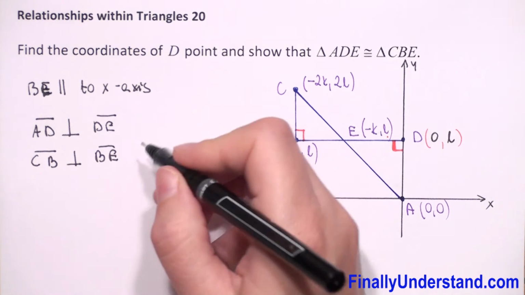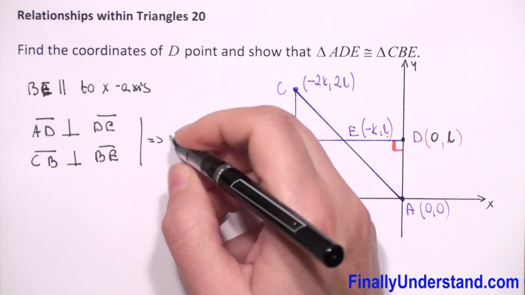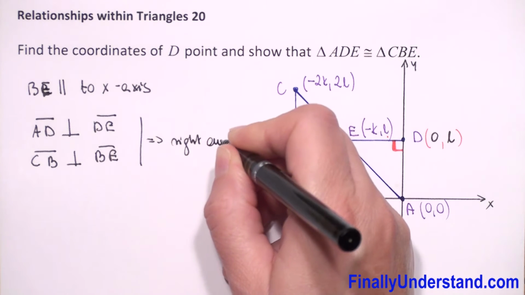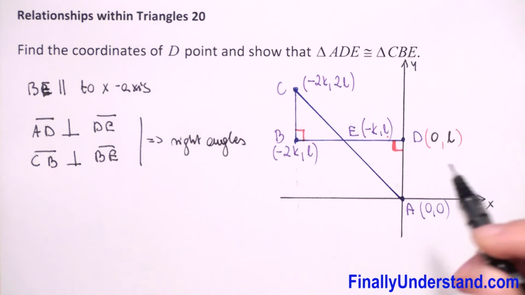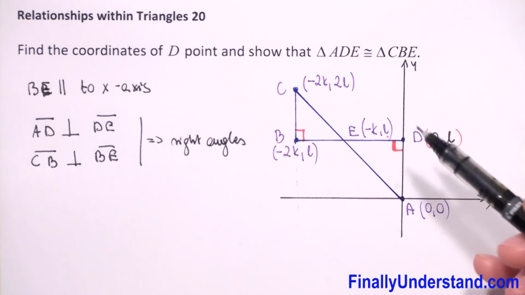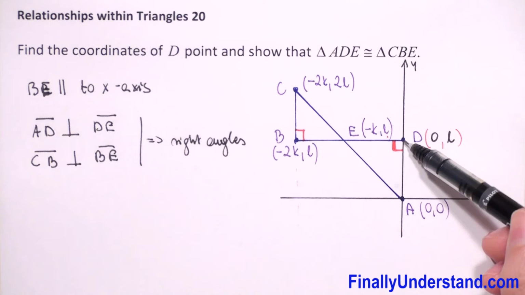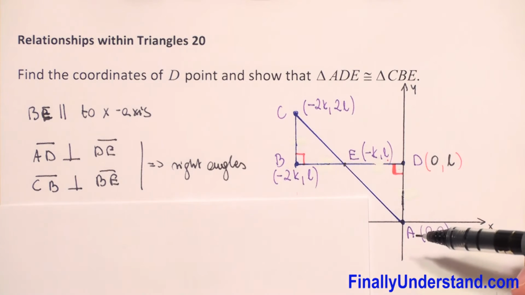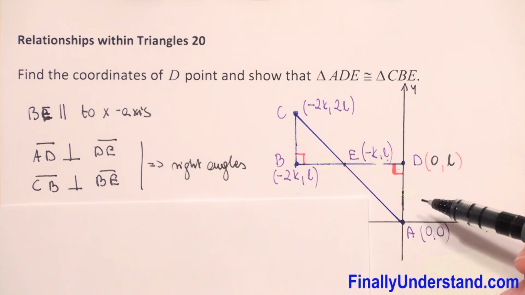So we have right angles. Angle B is a right angle and angle D is a right angle. So we have to show that triangle ADE is congruent to triangle CBE. So next step, we will check the length of sides of our triangle.